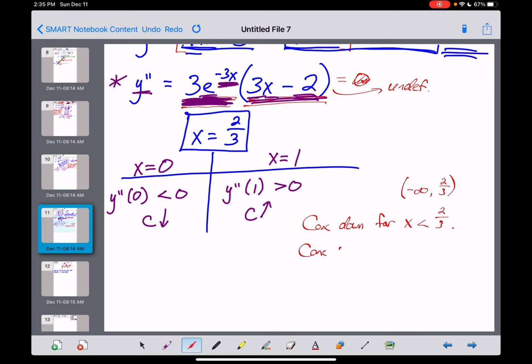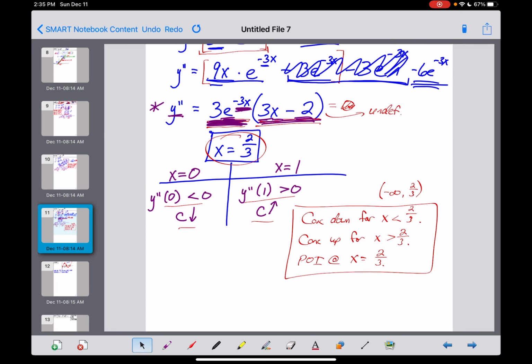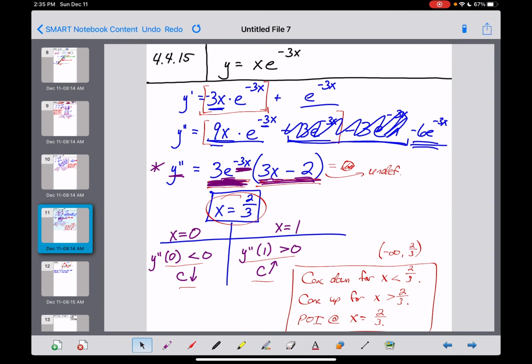We are concave up for all x values greater than that 2/3 right there. Got it? And sure enough, we have a change in concavity. Our second derivative changes sign right here. So we have our lone point of inflection at the spot where x is equal to 2/3, and those are the answers to what they were looking for here in problem number 15. There we go.